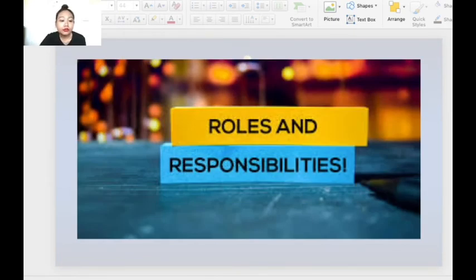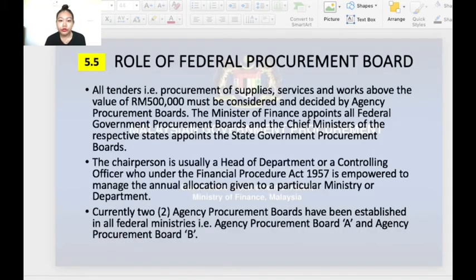Next one, we are going to look at the role of Federal Procurement Board. We have been talking about this procurement board previously, right? So now you know what are the roles of this board. So there are 2 boards here. We are going to look at it shortly. All tenders, for example procurement of supply, services and works above the value of 500,000 ringgit, must be considered and decided by agency procurement boards.